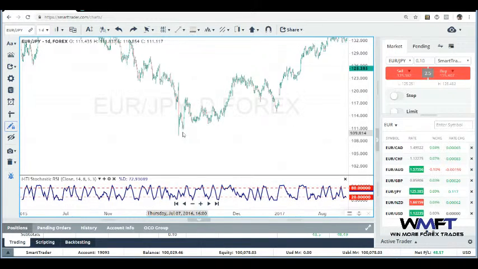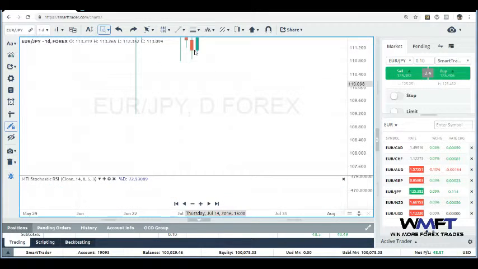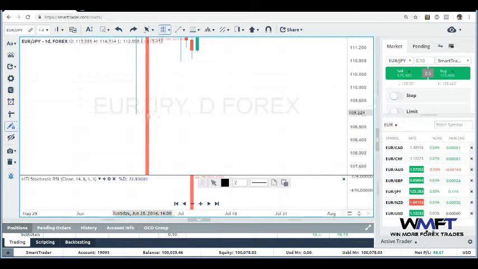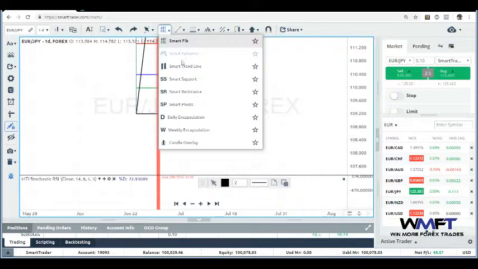So, daily time frame, high and low prices. Let's go in and separate the market into buy zone, sell zone. Simple like that. Bring in trend line.